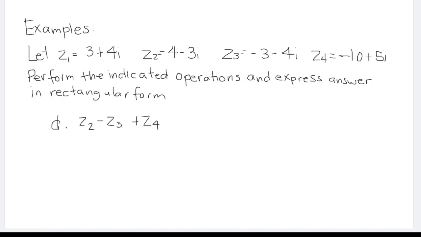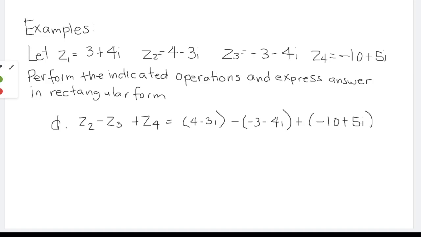Next example, letter D. We write C2, that's 4 minus 3i, minus C3, that's negative 3 minus 4i, and we add C4, which is negative 10 plus 5i.